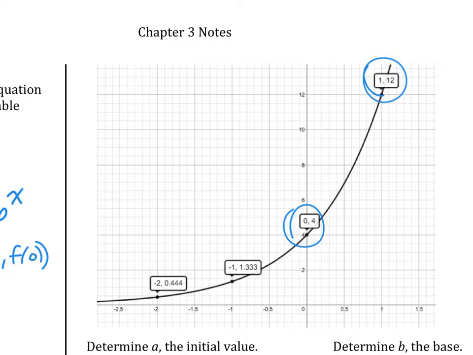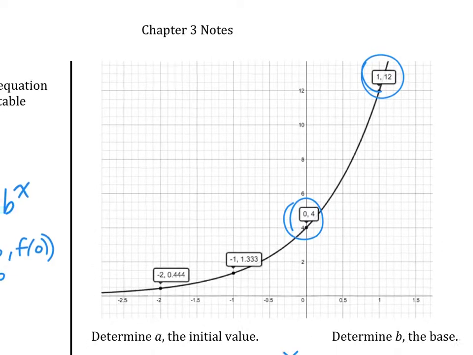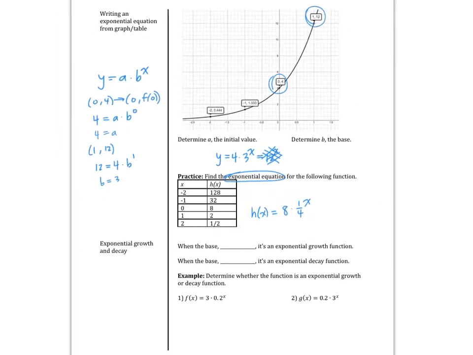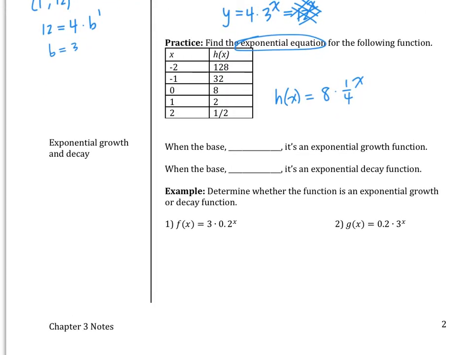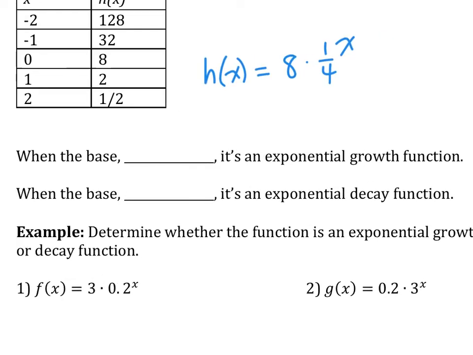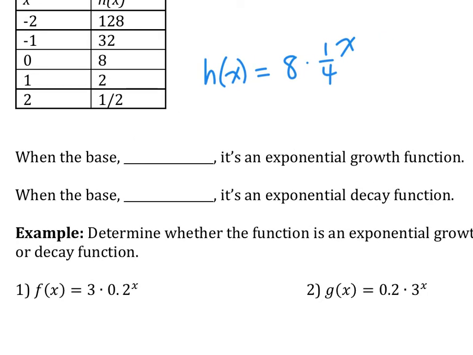It's getting bigger, right? So this is called growth. If it's decay, that means it's going to get smaller over time. How can you tell if something is going to be growing or decaying based on the base? Well, if the base is greater than 1, it's exponential growth. If it's between 0 and 1, it's exponential decay.